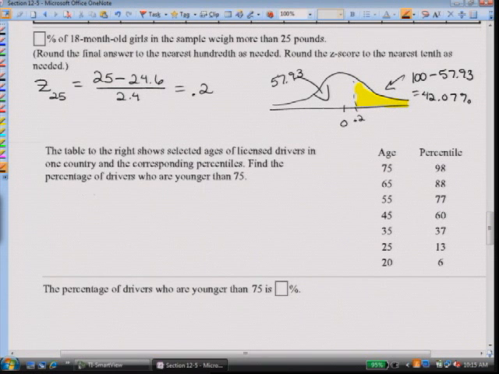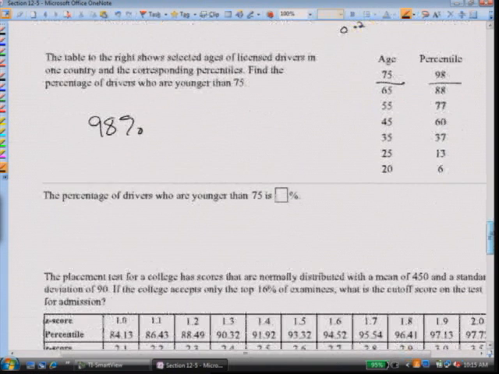Find the percentage of drivers who are younger than 75. Well, if you're 75, you're in the 98th percentile, which means that 98% of the drivers are younger than 75. Okay, so I know that was a tough one. But maybe you've heard the word percentile before and now you know what it means. Okay.